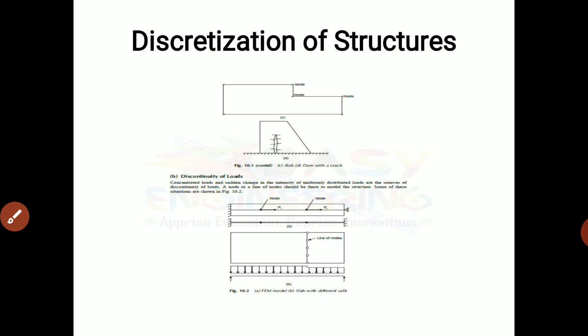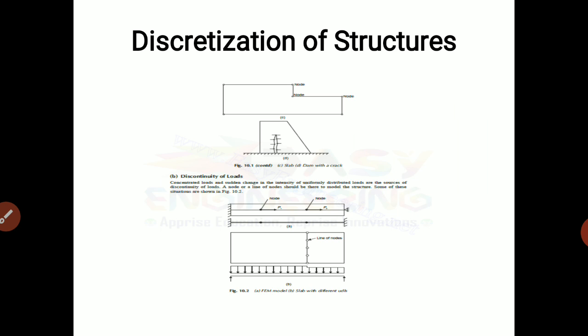Then, what is the discontinuity of load? This discretization is for irregular shapes also, and for irregularity or discontinuity of loads also. Elements are attached to adjacent elements only at the nodal points and have constant material properties.